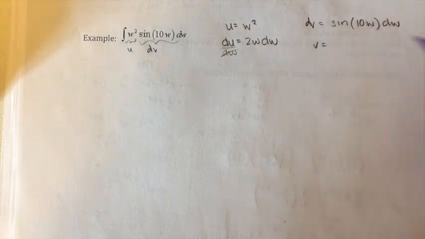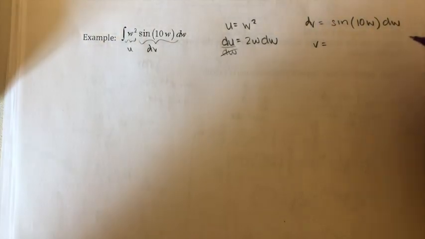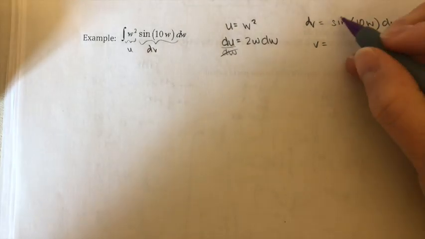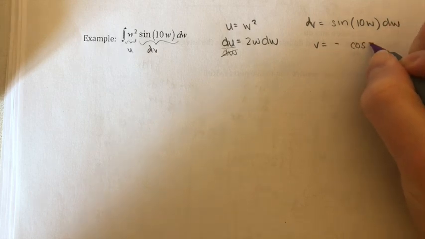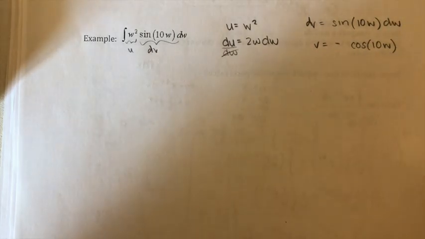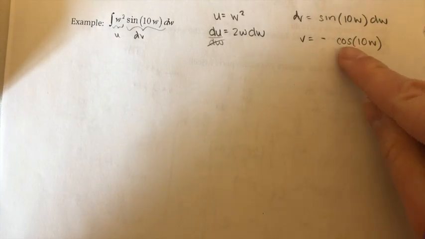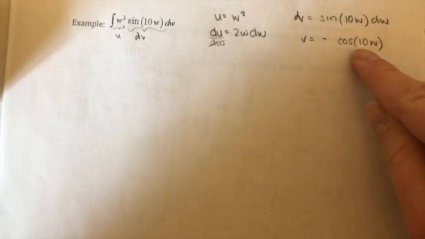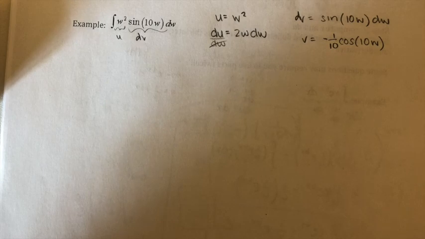So if we want to figure out what the original of that is, if we want to do the integral of this, then the antiderivative of sine is negative cos. And if I do the derivative of this guy, the derivative of cos is negative sine, so the negatives are going to cancel out, and then I'd have to multiply by a 10. So there had to be a 1/10 in front there, which is why I left so much space.